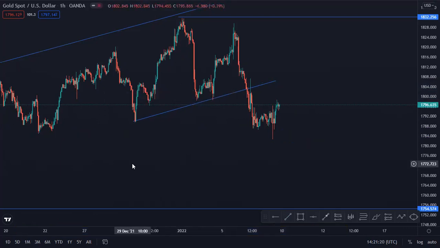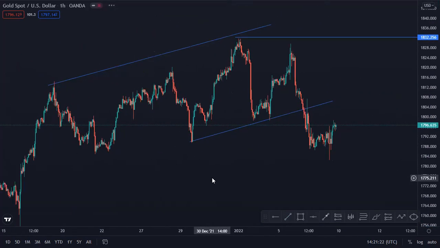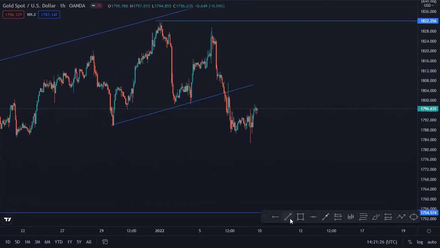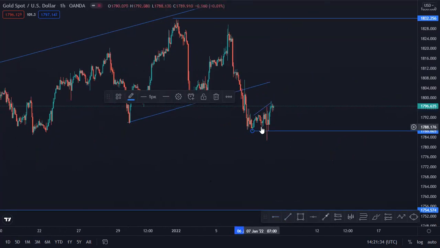As you can see here, the market was trending very nicely, beautifully, and it broke out, and it's creating a correction right here. The market is correcting before continuing in the overall direction.